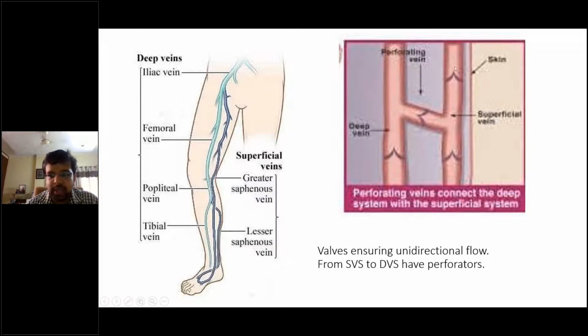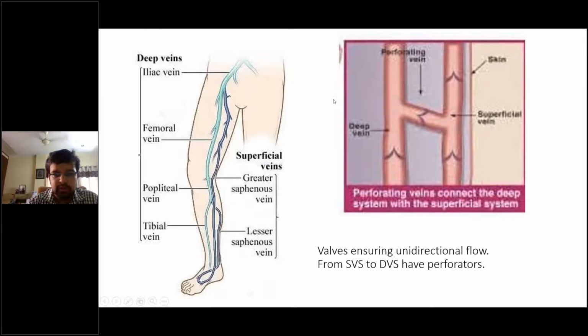Now the superficial vein and the deep vein are connected by something called perforating veins. The perforators, as well as the deep and superficial venous system, have valves. These valves ensure unidirectional flow, from the superficial venous system to the deep venous system and from below to upwards.